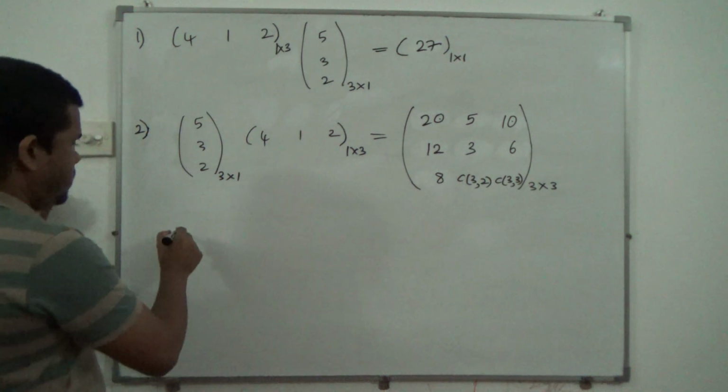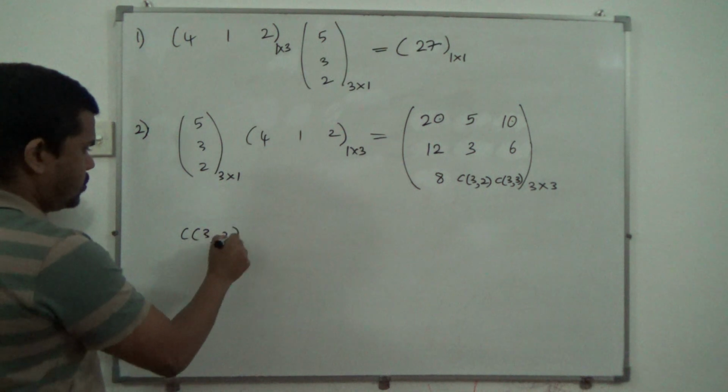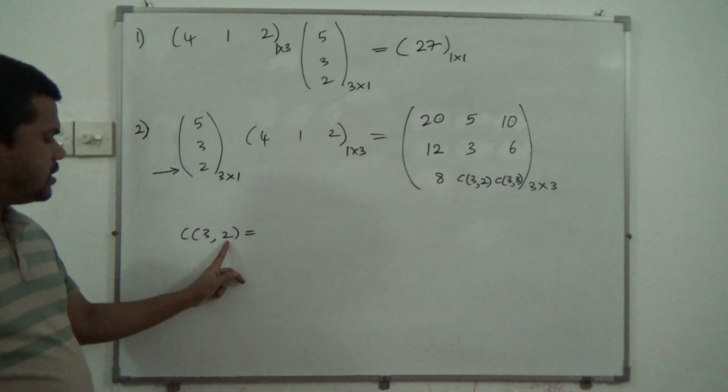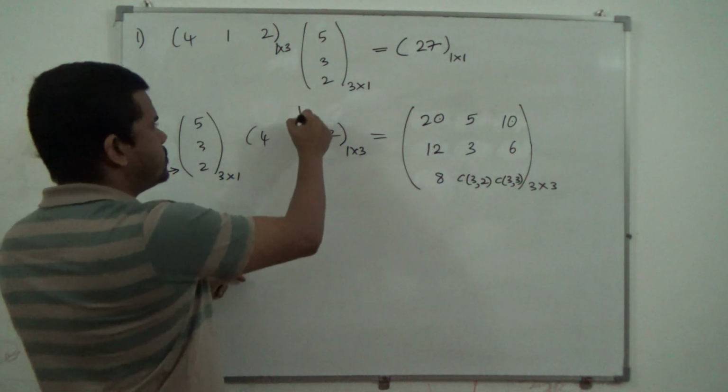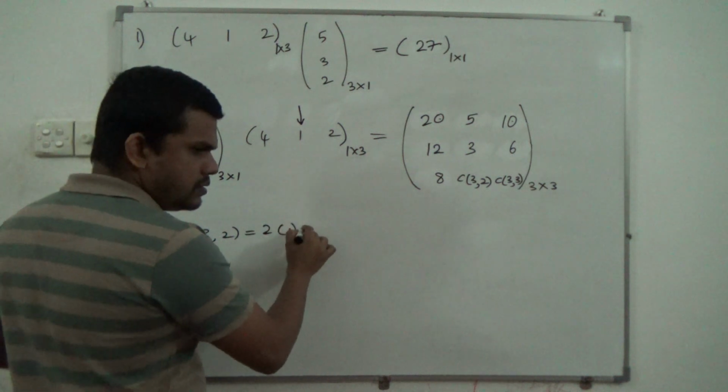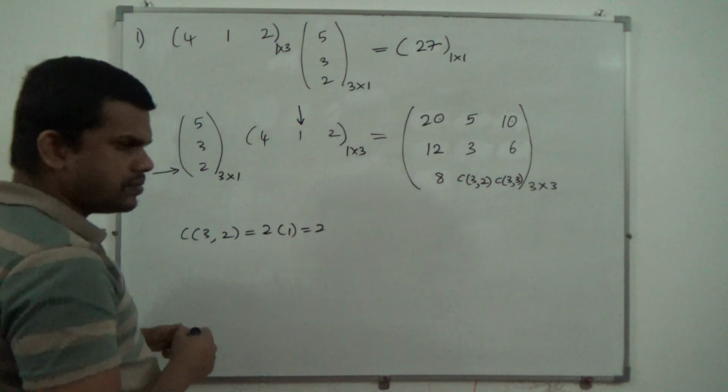Now C3,2 means in the first matrix, row number 3, in the second matrix, column number 2. 2 into 1, 2.